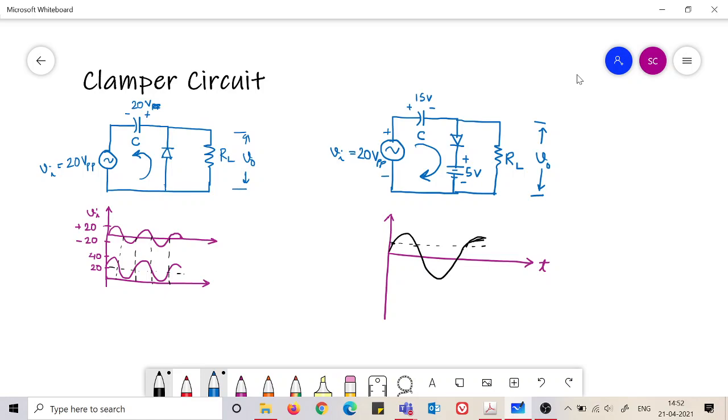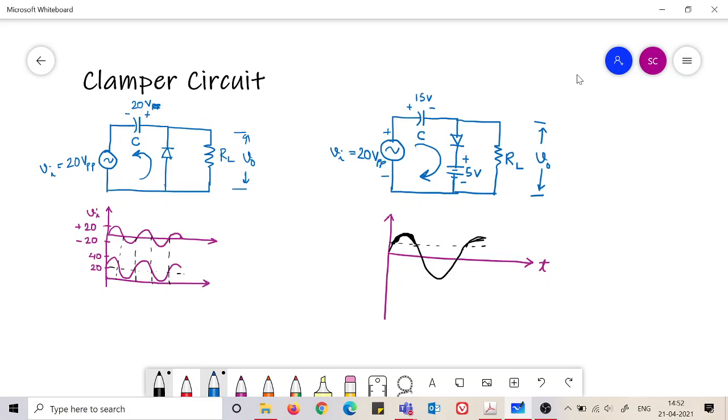This is what you should understand now. Only in this duration it has conducted and charged the capacitor up to some level, which is plus 15, 15 volts with polarities like this.